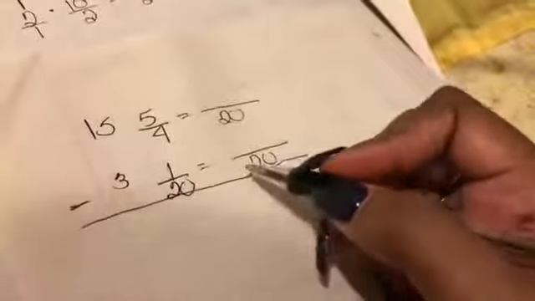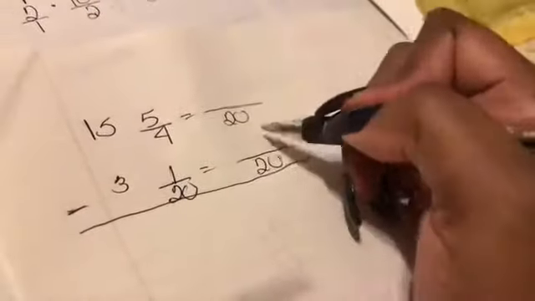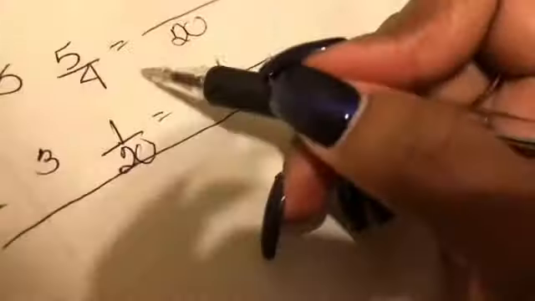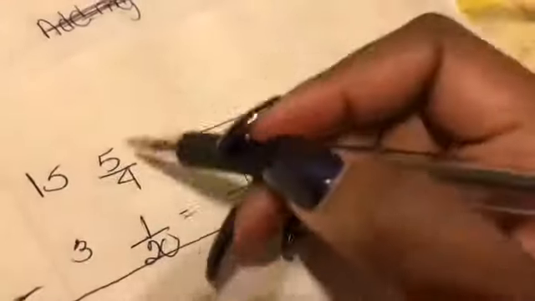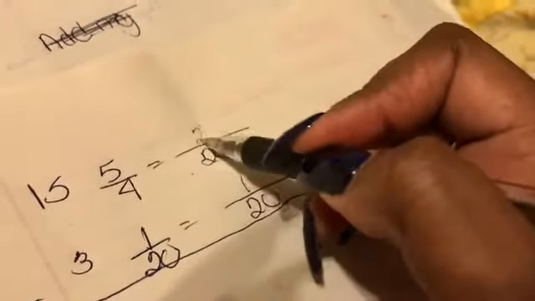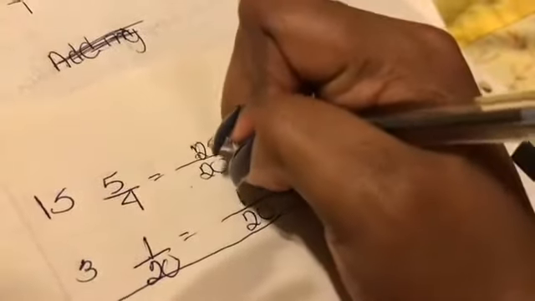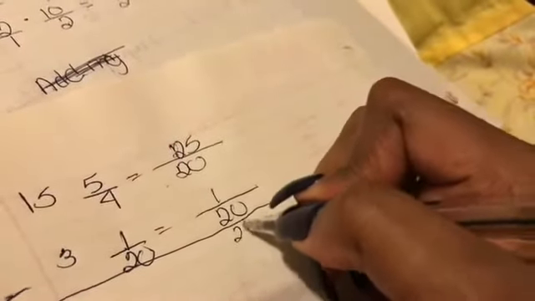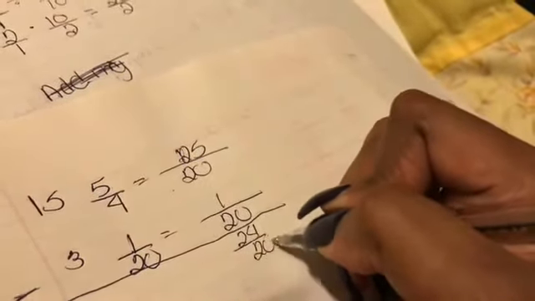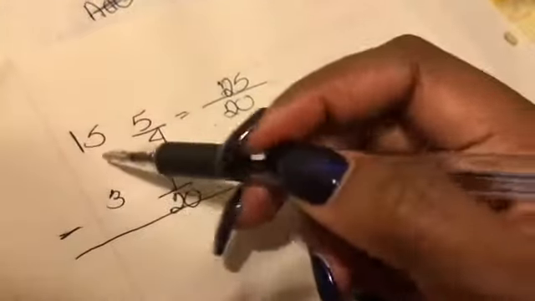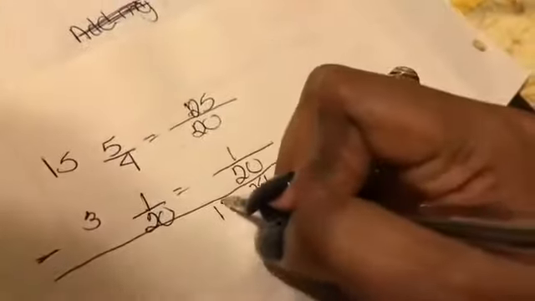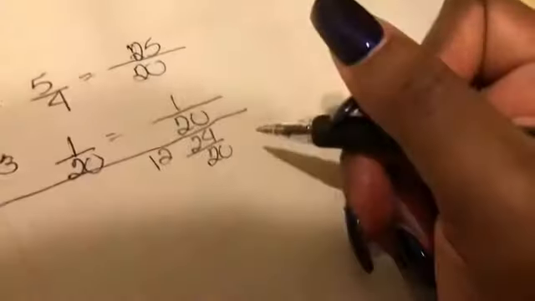Okay. 20 going to 20. 1 times 1 is 1. Okay. 4 will divide into 25 times. 5 times 5 is 25. Okay. And now you got 24 over 20. And then you're going to subtract 3 from 15, which gives you 12. Okay, now this is what you do.